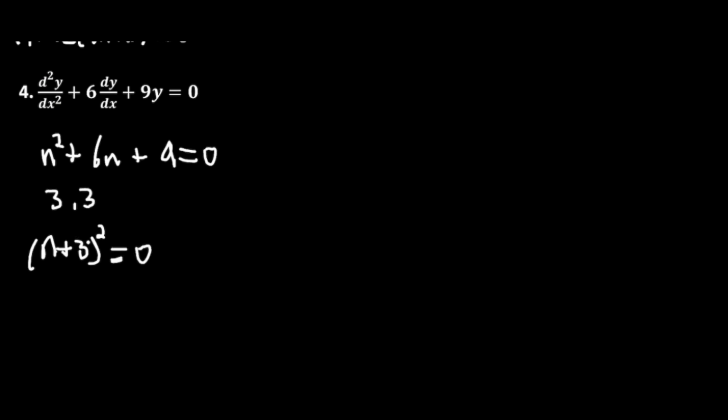So we see that these are repeated roots because it's n plus 3 times n plus 3, which gives us n plus 3 all squared. So we see that our n1 is equal to n2, which is equal to minus 3.